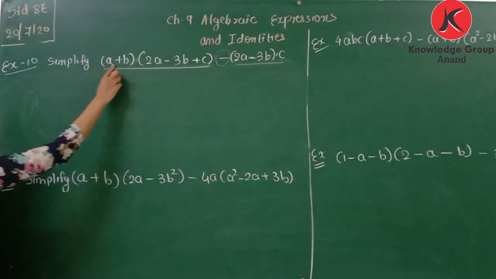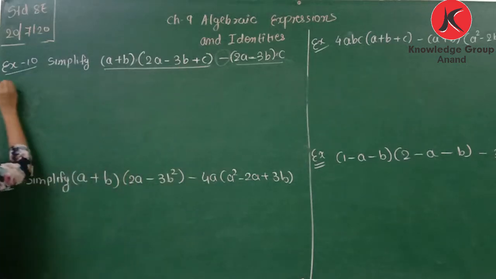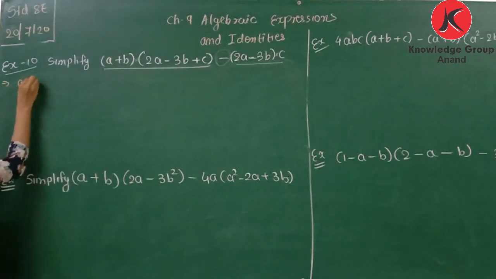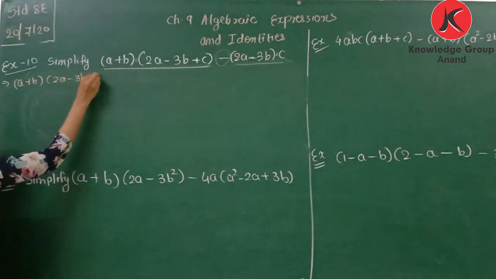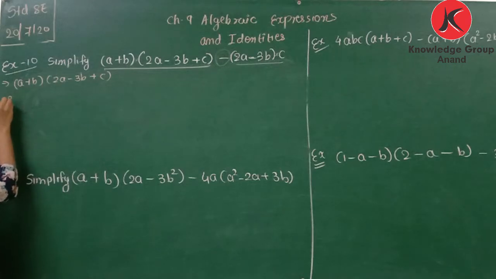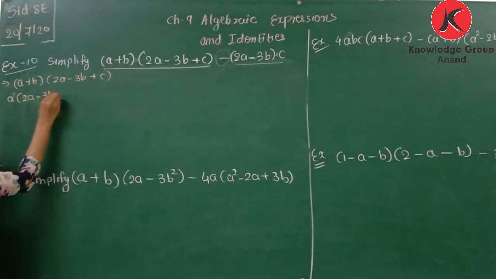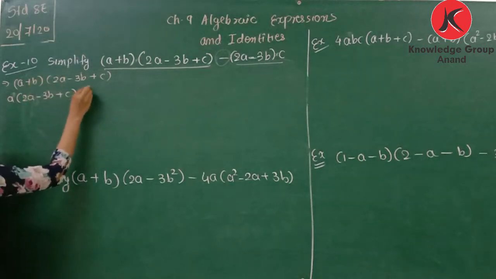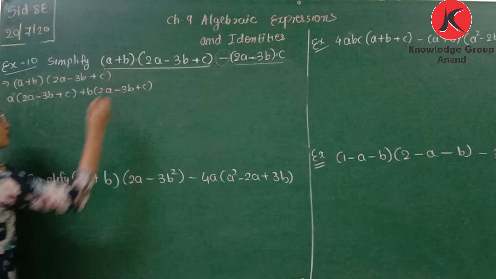So let's start with (a + b)(2a - 3b + c). So here we have a + b and 2a - 3b + c. Here a is multiplied with 2a - 3b + c and plus b is multiplied with 2a - 3b + c.